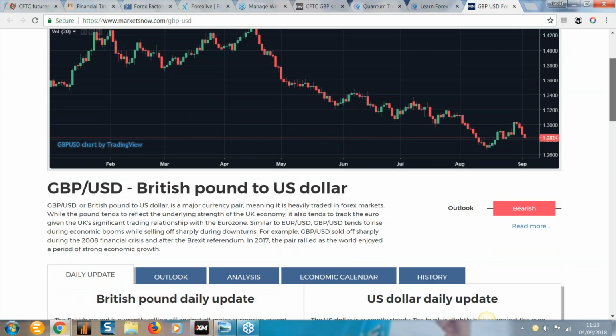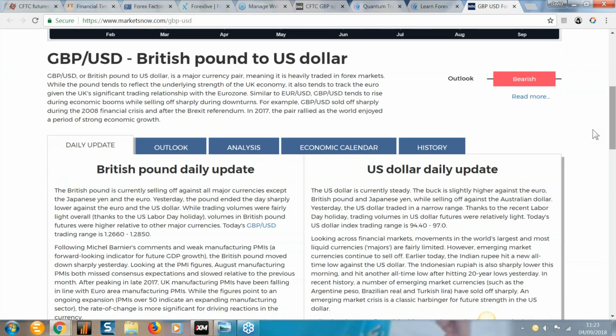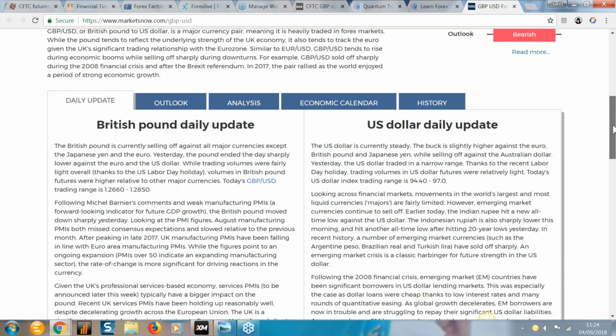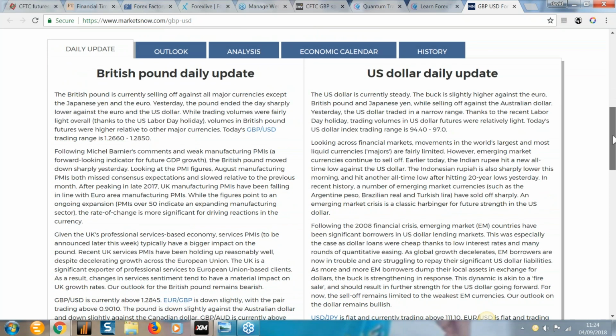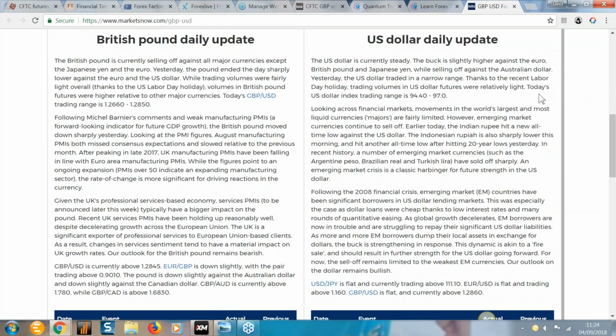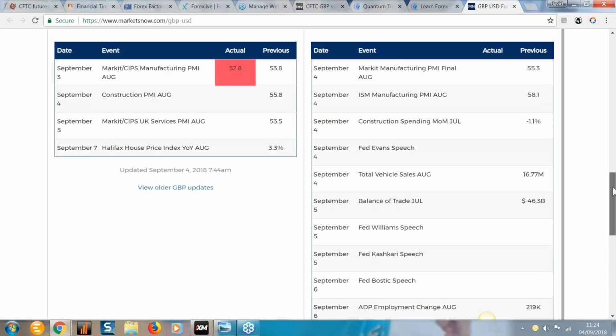Anyway, the reason I wanted to show this is not because I particularly want to read their analysis and base my decisions on it. It's interesting to read analysis, of course it is. But what's really interesting is they place it side by side. I know it may sound a very silly thing to say, but we have the British pound update, then the US dollar update, and underneath you have the significant events.